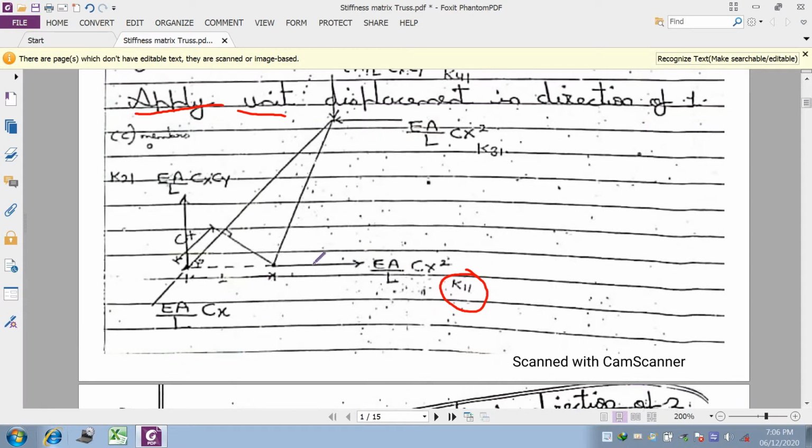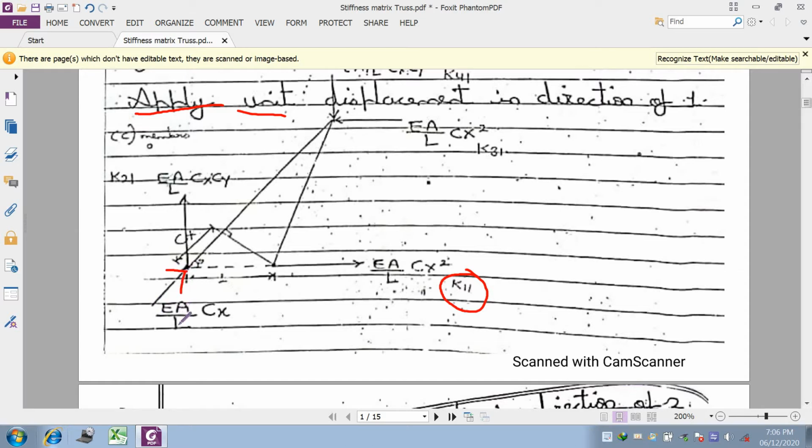Okay, so we have to consider this. Then similarly, because of this horizontal effect, here it is a theta. Okay, you know that. So because of the theta effect, here cx will be formed and here cy will be formed. Because there is a theta, the inclined component acts as a 90-degree force here.